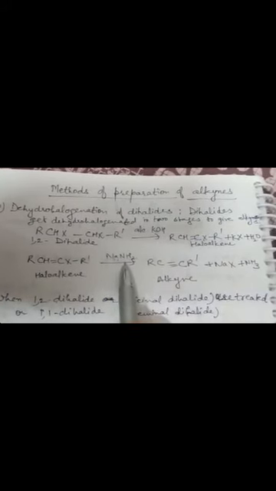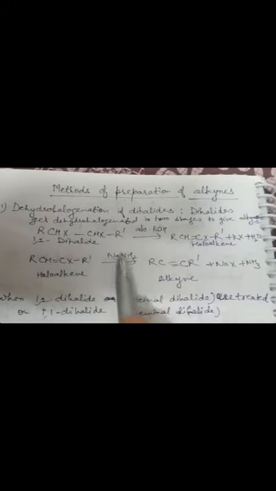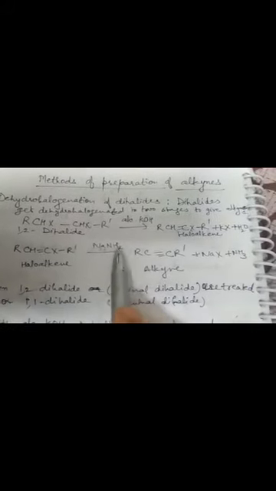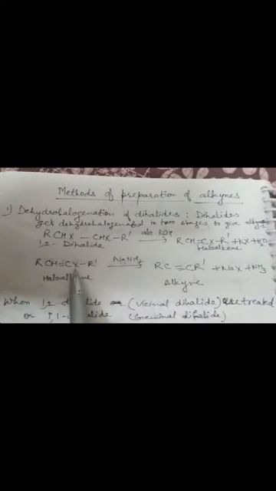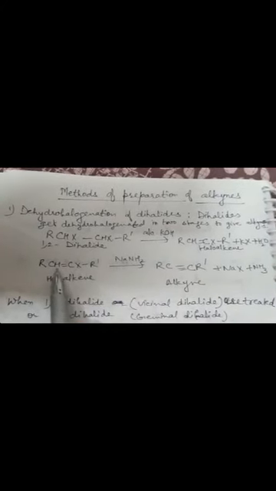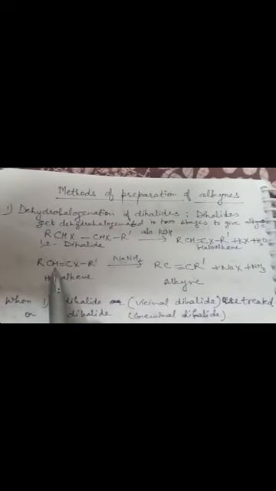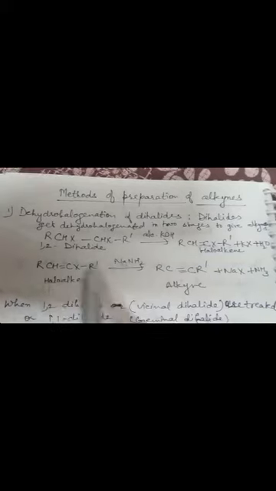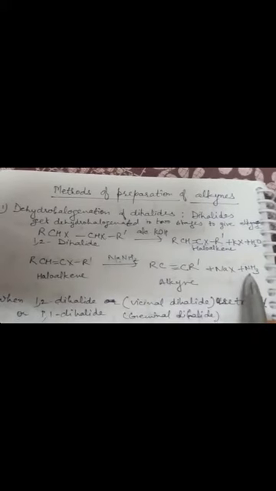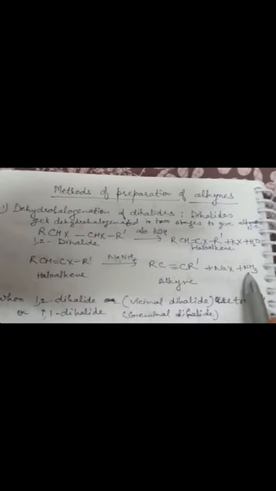Some stronger base is required. NaNH2 can serve the purpose. Here, X from this carbon and H from the adjacent carbon are removed and alkyne is formed. Sodium halide and ammonia are formed in this process.